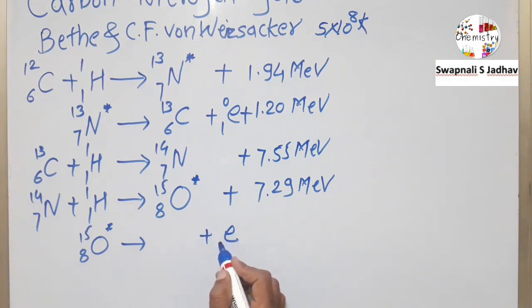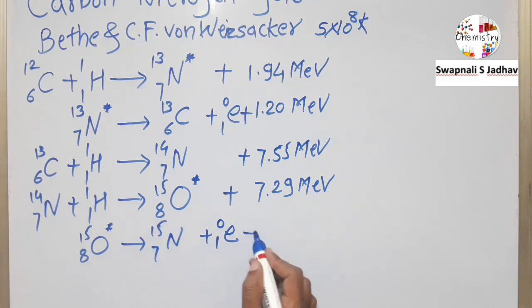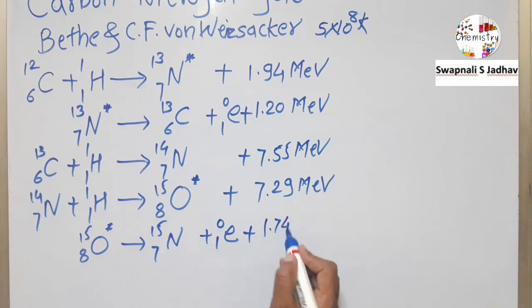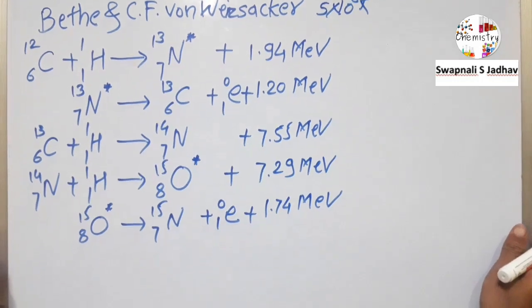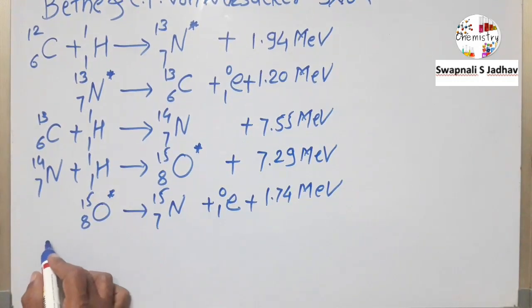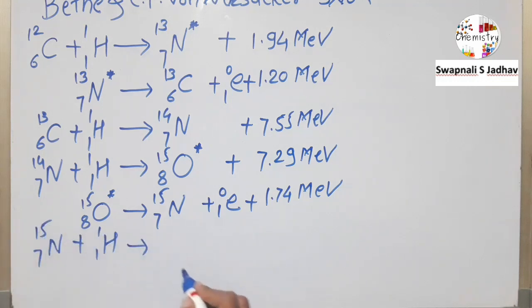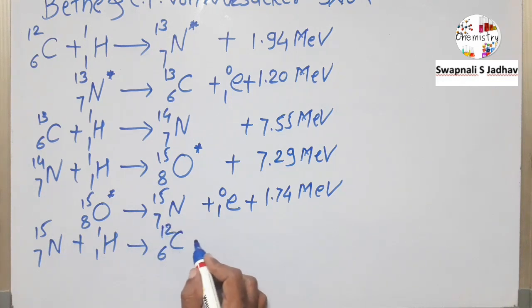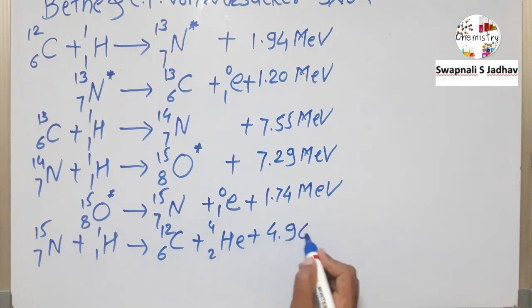A positron. And here we get nitrogen 7 15 with liberation of 1.74 million electron volt, and at last this nitrogen 7 15 combines with a proton, and there is formation of carbon 6 12 plus He24 plus 4.96 million electron volt.